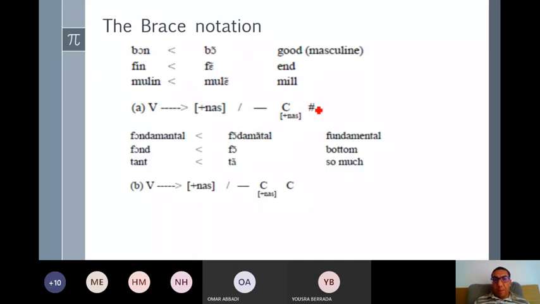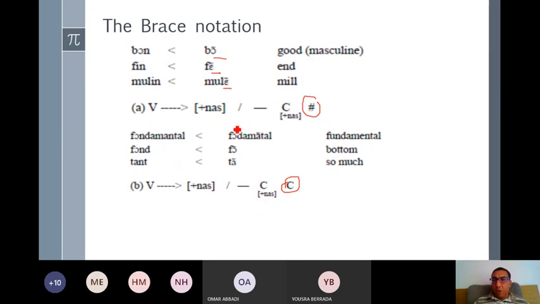All right, so here in the first set of data, nasalization word finally. So here, word finally, and when of course there is a nasal consonant following the vowel. But it also applies when there is a consonant following the nasal consonant.